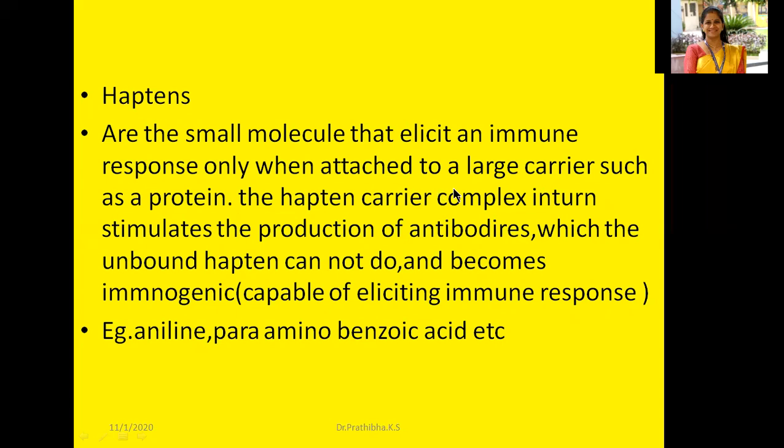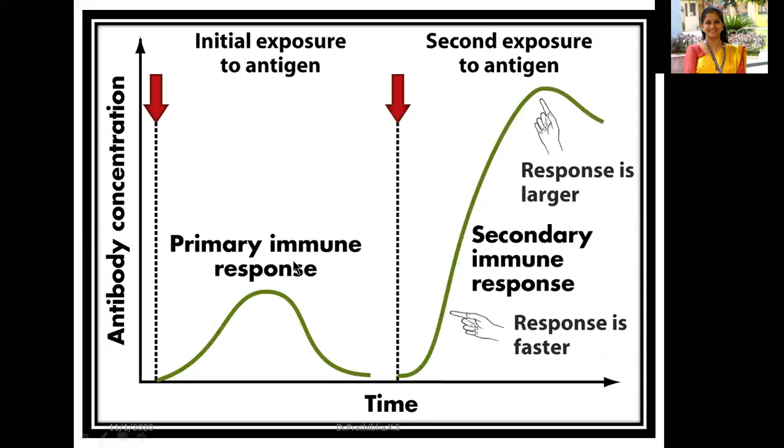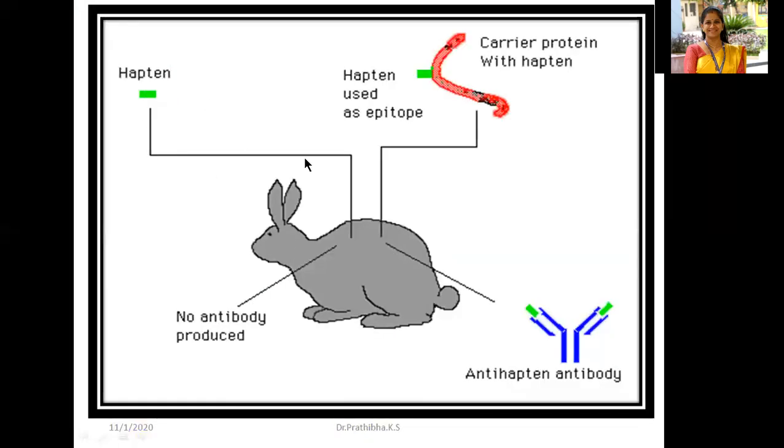For example, as a carrier molecule, you can use aniline, para-aminobenzoic acid and other different kinds of carbohydrate molecules. So that is about the haptens. You could see this is a lone hapten. This could not trigger the immune system for the production of antibody. When this hapten is tagged with a carrier protein, with this hapten used as an epitope, you can see the production of the antibody.